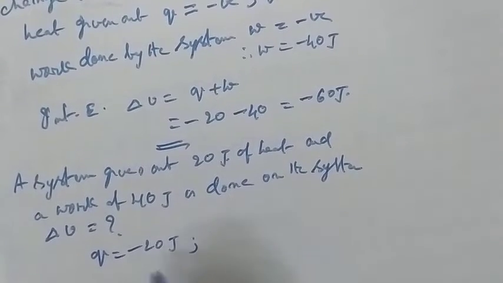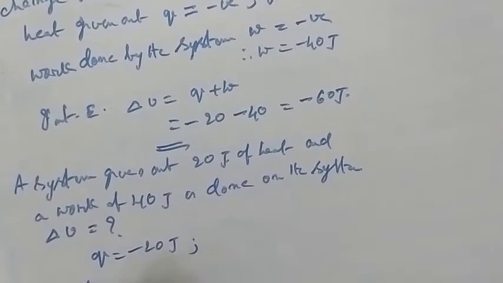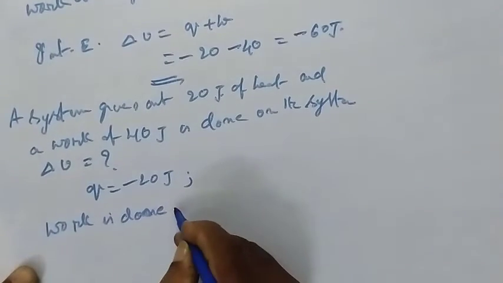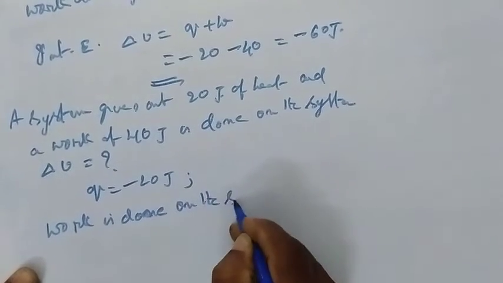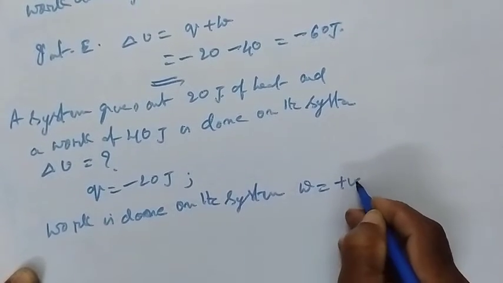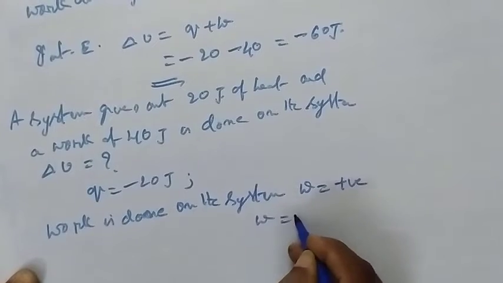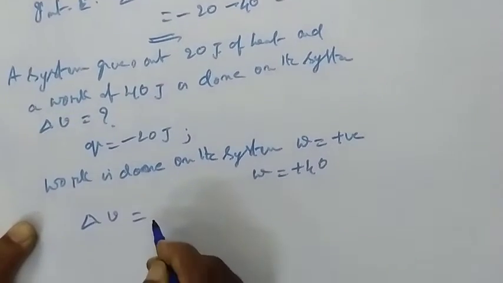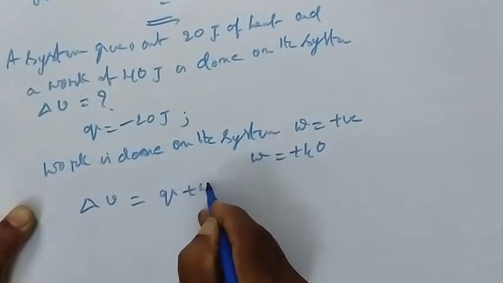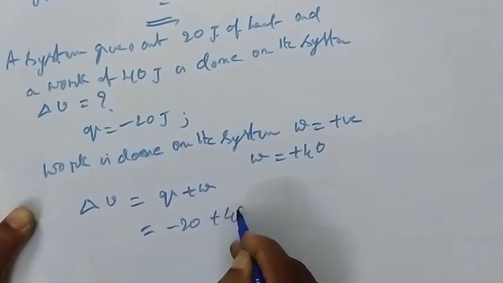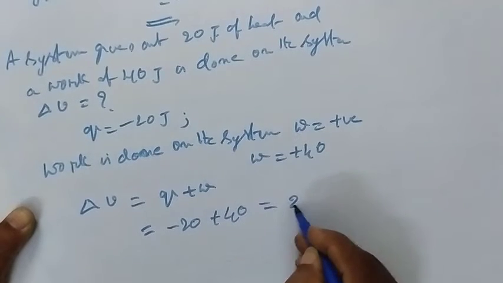Here work is done on the system, so W is positive, W equal to plus 40. Therefore delta U equal to Q plus W, Q is minus 20, W is plus 40, equal to 20 joule of energy.